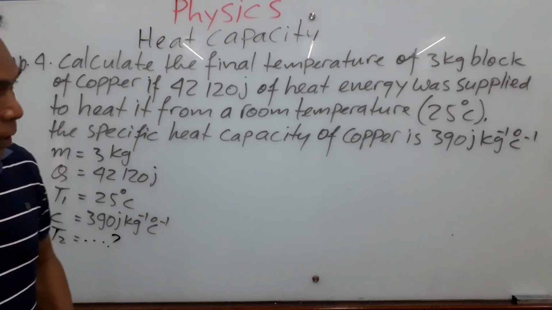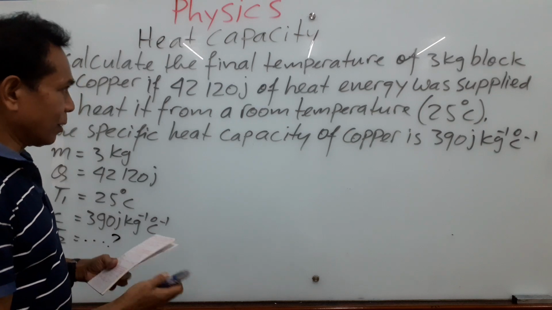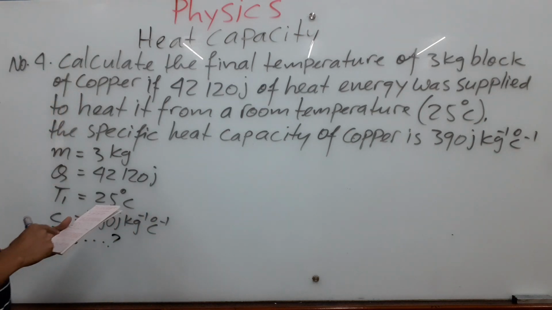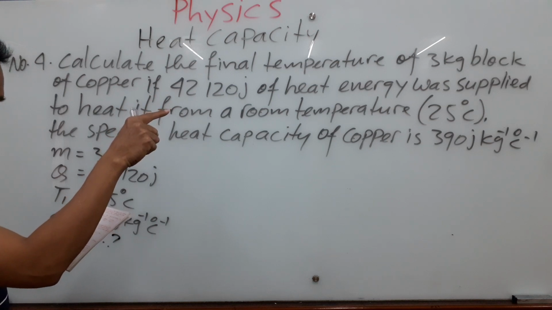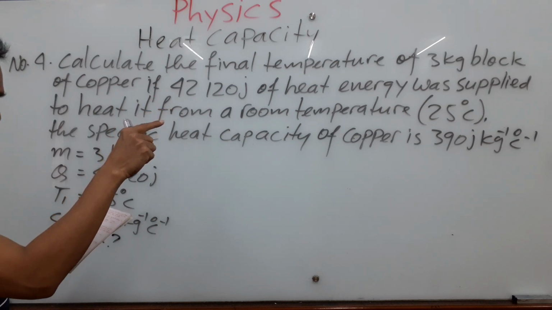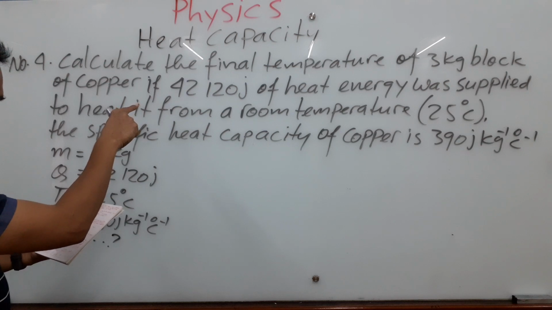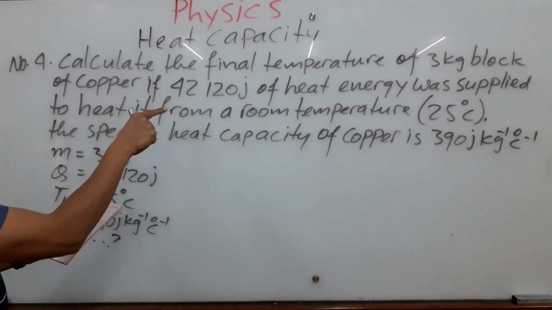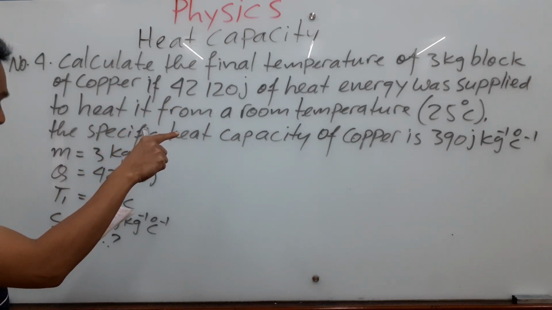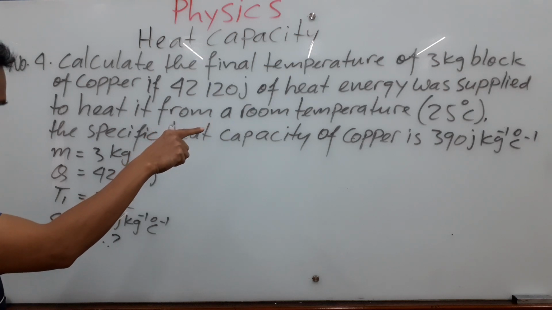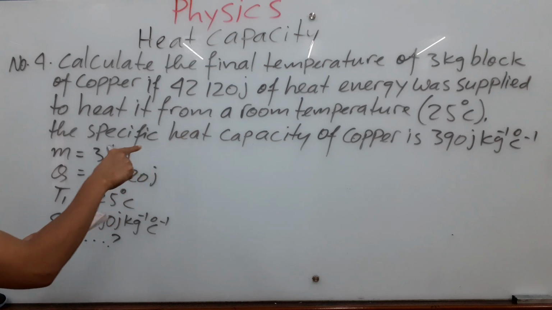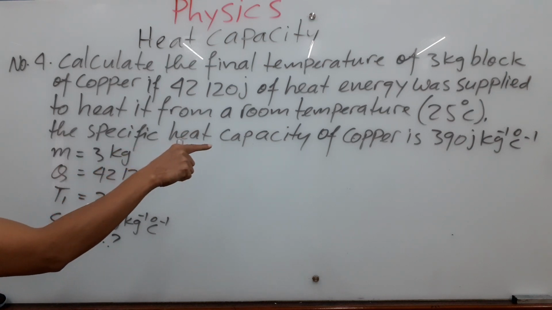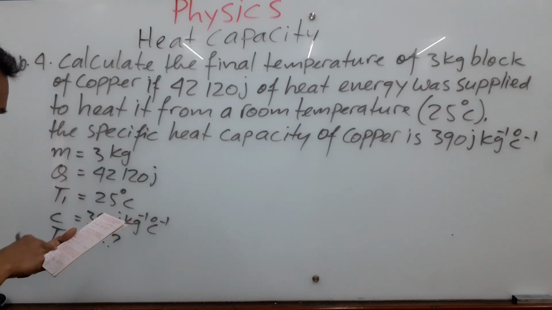I want to check the question again to make sure that everything is correct, okay? Mass 3 kg, okay. The calorie 42,120 joule, correct. Initial temperature 25, specific heat capacity 390, okay.